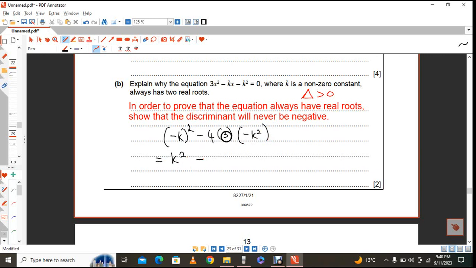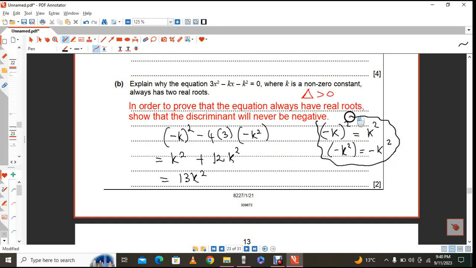Now you're going to have a negative times a negative over there, so it's going to be positive 12. Okay, so total 12k squared, which then gives us 13k squared. So please do not get confused with negative k all squared. This answer here is positive, while negative k squared inside this answer here is negative. So very important that you do not make such mistakes.